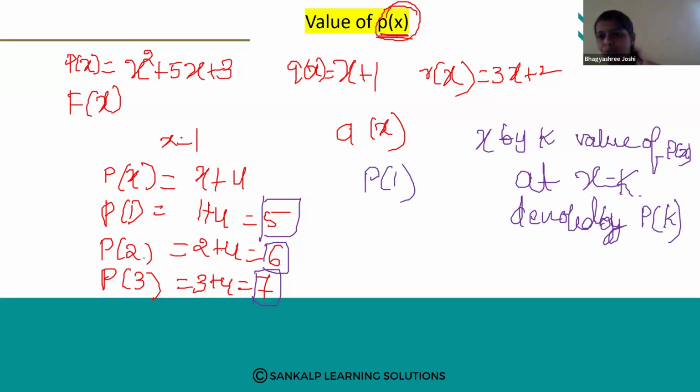In this way you can substitute as many values as you want. So in general, I will call this value as k. k means it is the value of x only. So x is equal to k, right? Here you have substituted x is equal to 1, x is equal to 2, 3, 4, as many as you want. So finally, in general, I call it as x is equal to k. Therefore replacing x by k, whatever we get the value, that is called as value of p of x, and it is denoted by p of k.